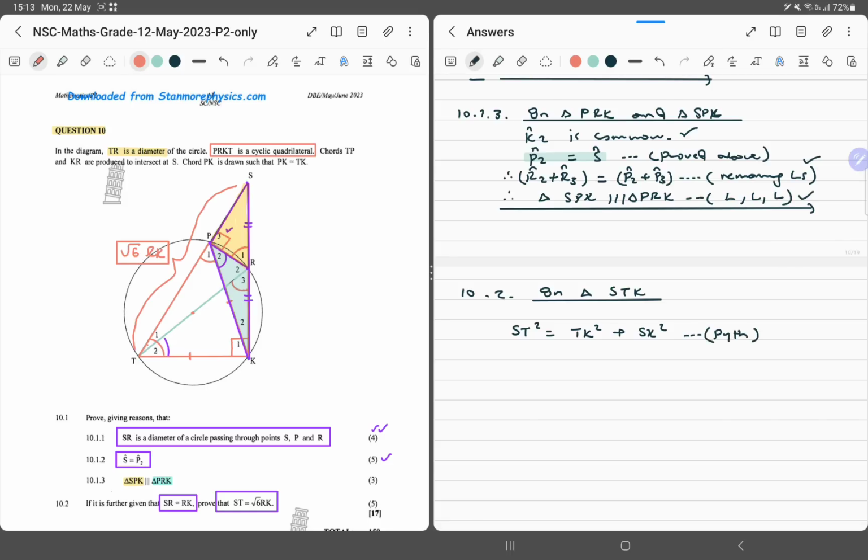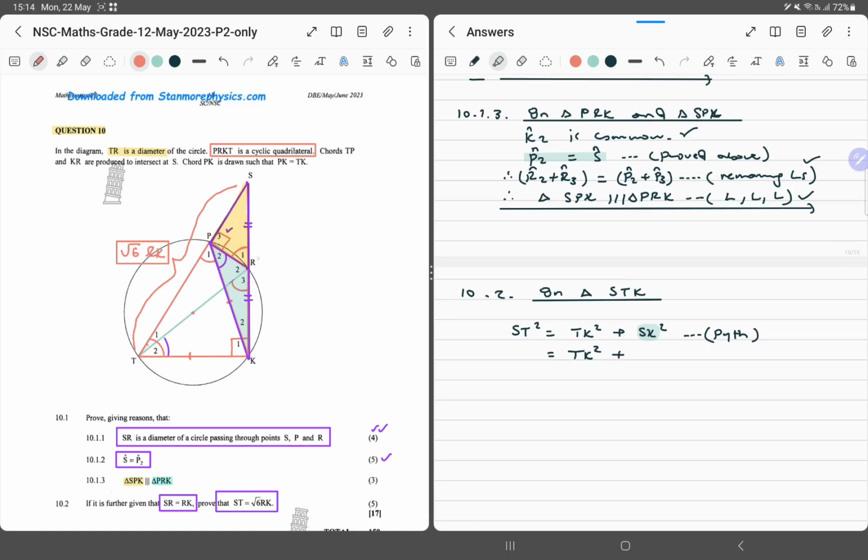Easy stuff. But we can see there that we've got RK. So we're going to say this is TK squared plus, instead of SK, because we know that SK essentially is divided into two equal halves that have RK.